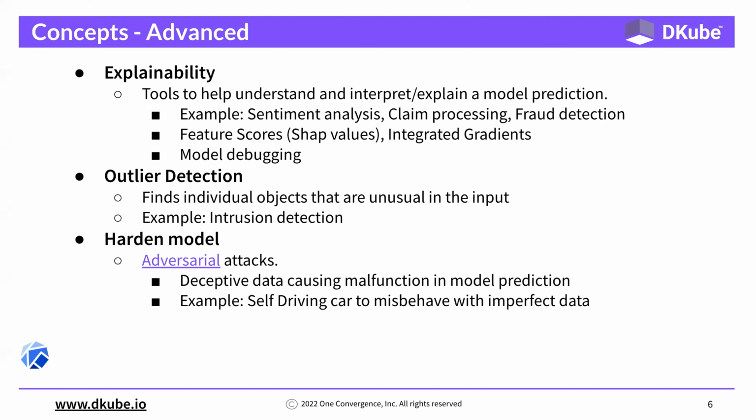Then there are a couple of other topics like outlier detection or anomaly detection, where you want to identify individual objects that are unusual in the input. A very naive example would be that you're expecting all squares, and then you see a circle. That's an outlier. This is what is used in intrusion detection at the network security level. And then there are other types of attacks that you may want to use to harden your model. These are adversarial attacks, with deceptive data causing your model not to behave correctly.